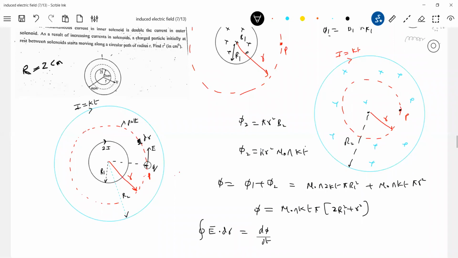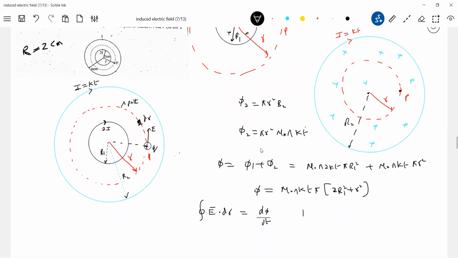So now what is E dl? So this should be E into 2 pi r is equal to mu naught n k into 2R1 square plus r square. Pi gets cancelled, so 2 will end up there.